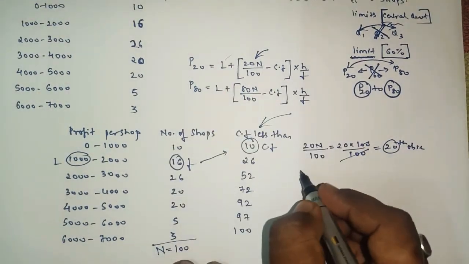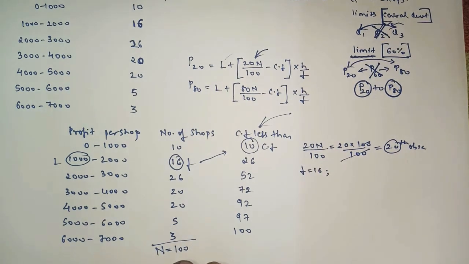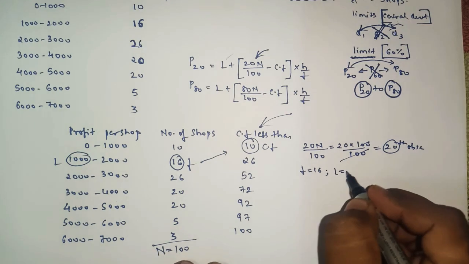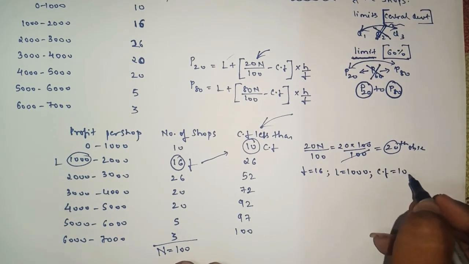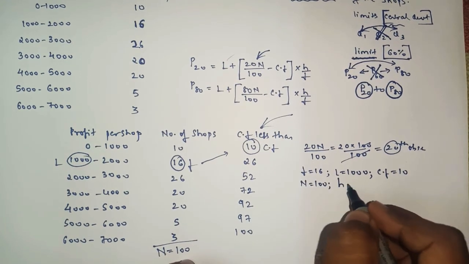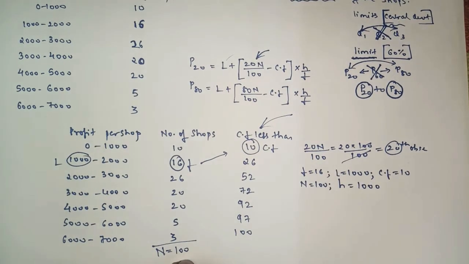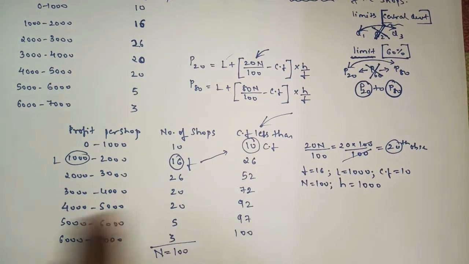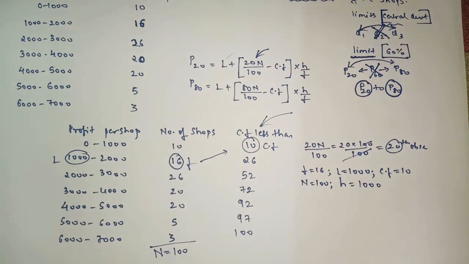So for this formula, we got all the values, that is F equals 16. Yes or no? Then L equals 1000, CF equals 10, N equals 100. And H will be equal to what? Clearly we can see that the difference is 1000. Okay, and remember we have to check first whether the class is continuous or not. If it is not continuous, we have to make the class continuous.